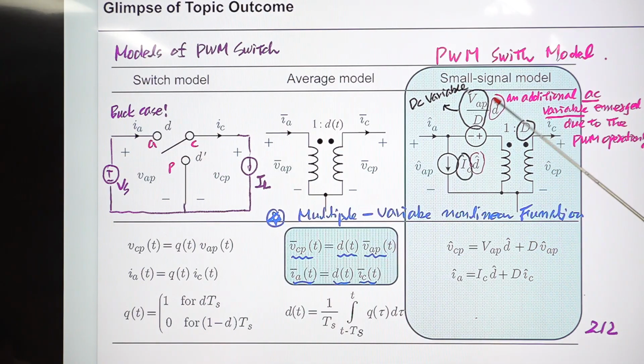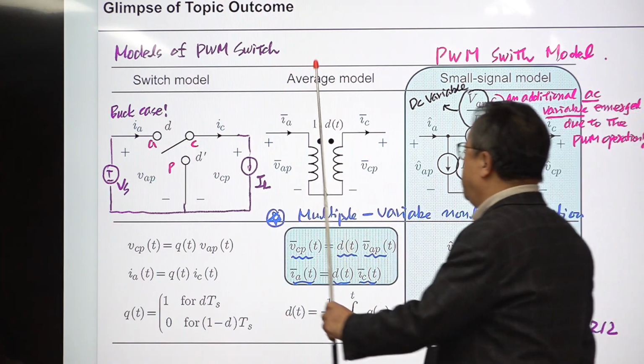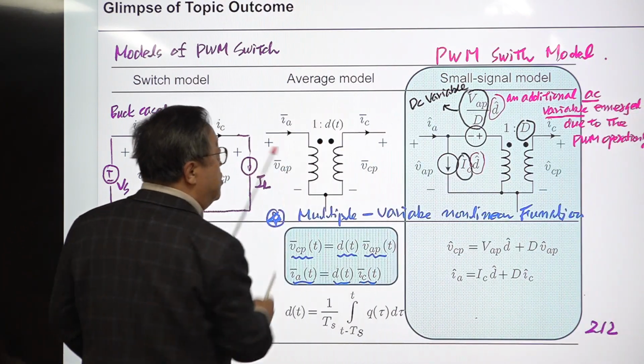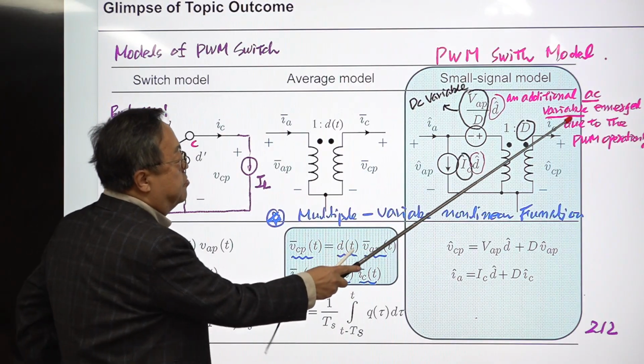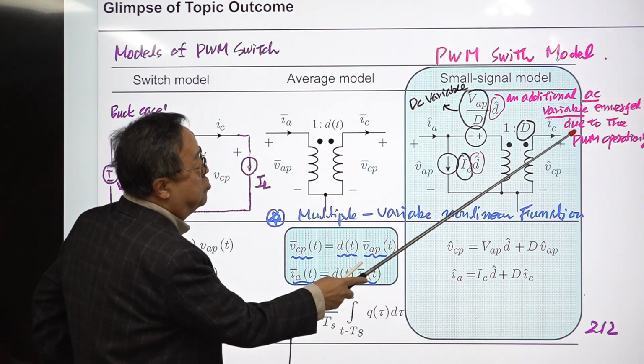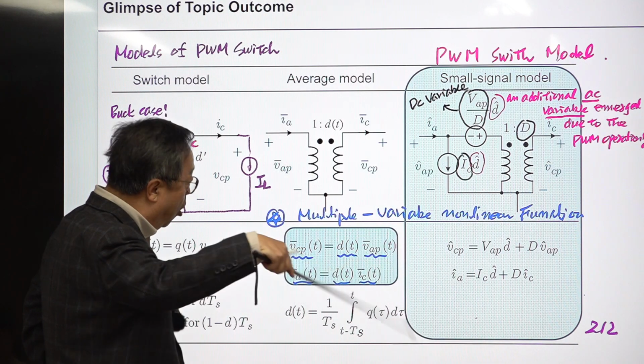And there is another variable, D hat, the small signal variation of the continuous duty ratio, because we are performing the PWM function here and here, so there is an additional AC variable which emerged due to the PWM operation of this switch.